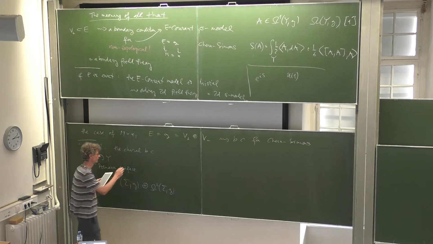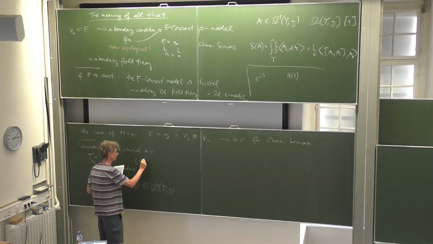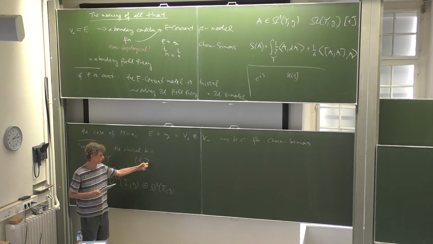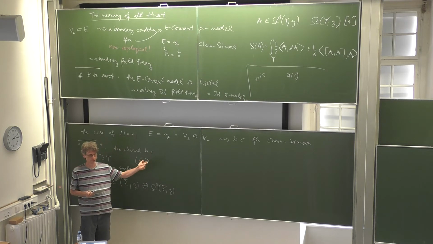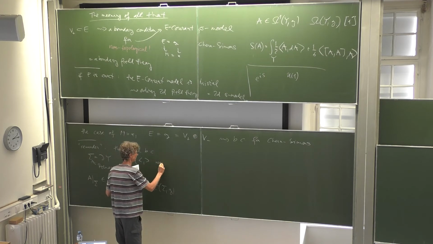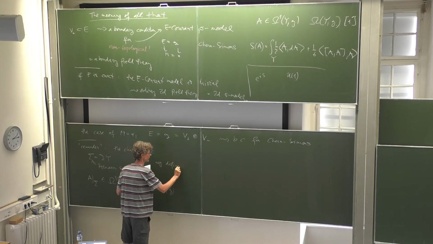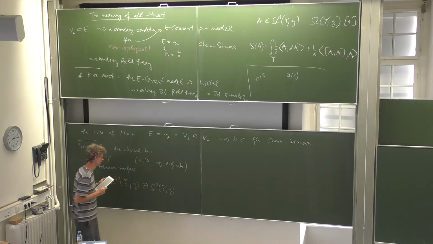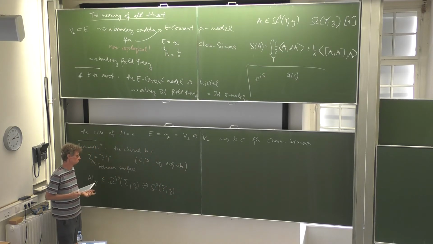And in that case, the inner product is the one which is given by the trace, and it's negative definite. So, yeah, that's roughly what's happening here.